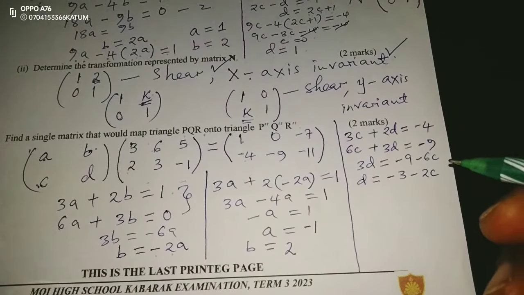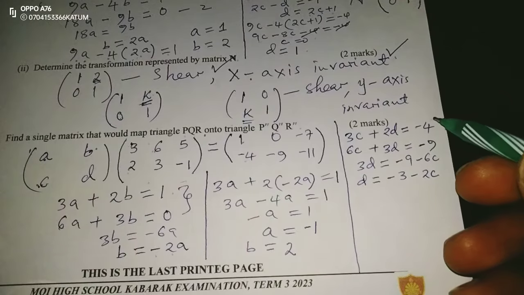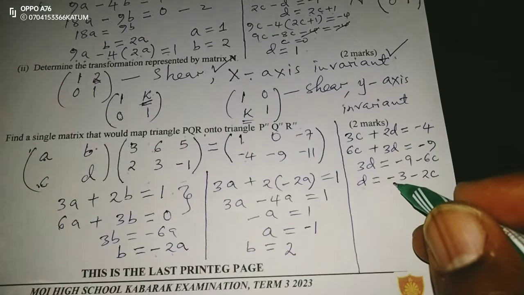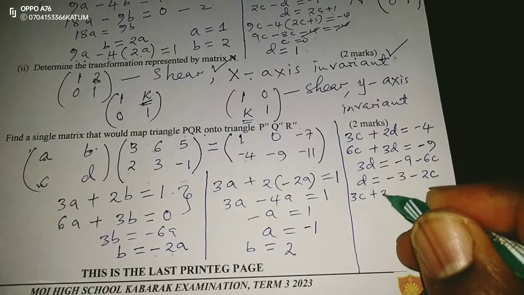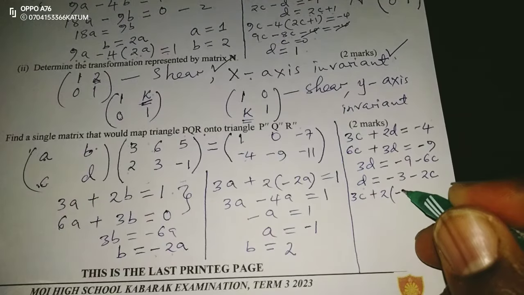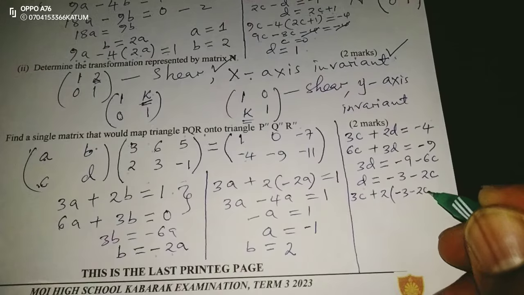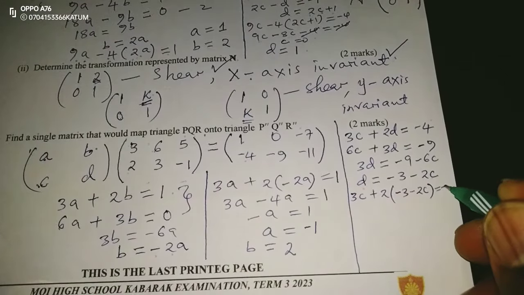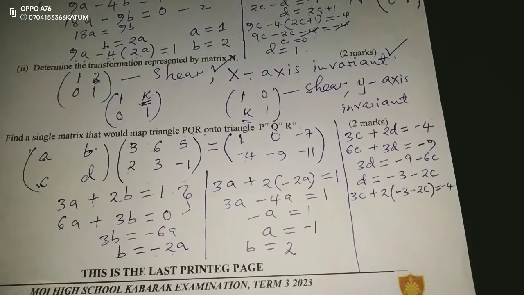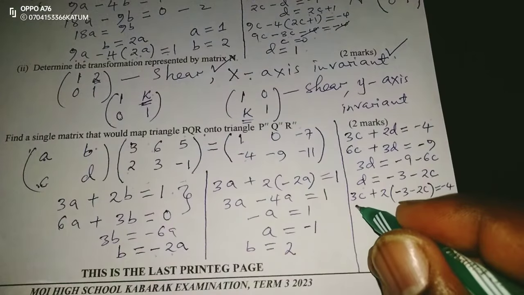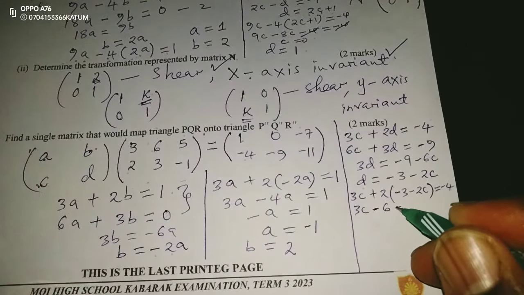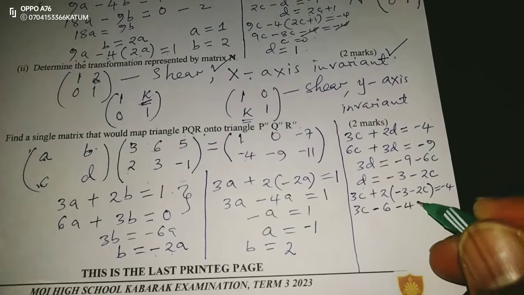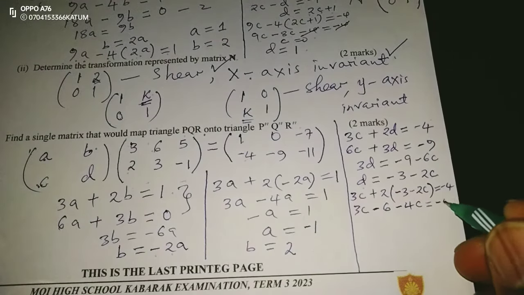In the first equation, instead of D, we substitute: 3C plus 2 times (negative 3 minus 2C) equals negative 4. So 3C minus 6 minus 4C equals negative 4.